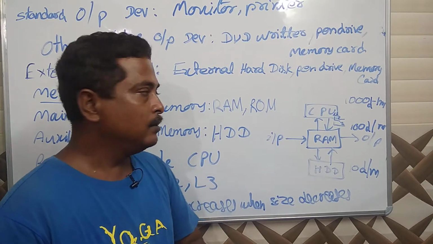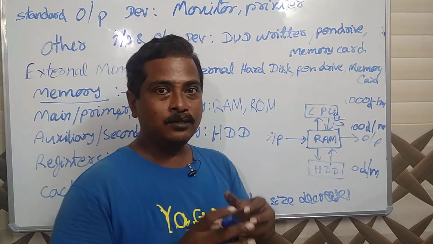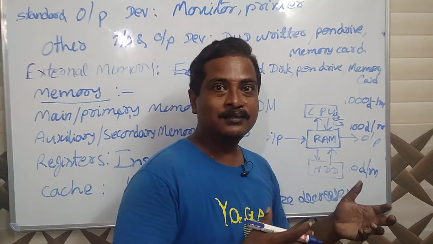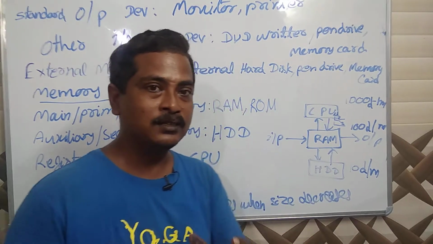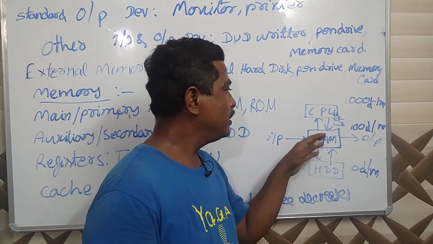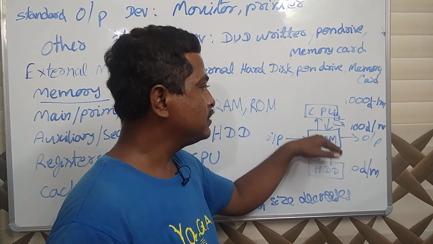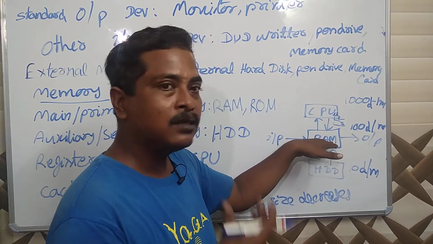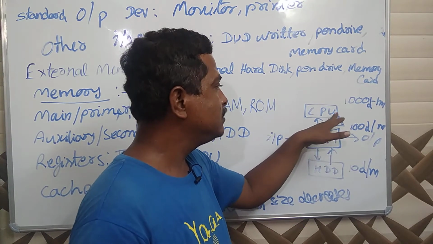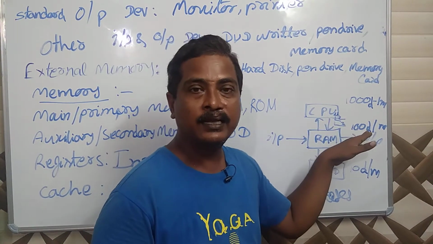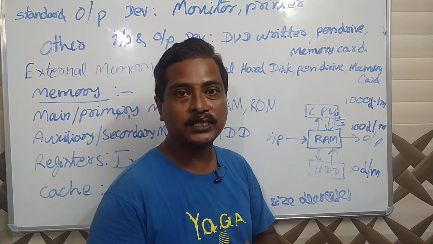Now whether the CPU stores it or the operating system does, that is an architecture concept. For beginners, just understand that it is happening. Whatever frequent data is asked but RAM is unable to accept, at that time the CPU uses these cache memories to store those data.